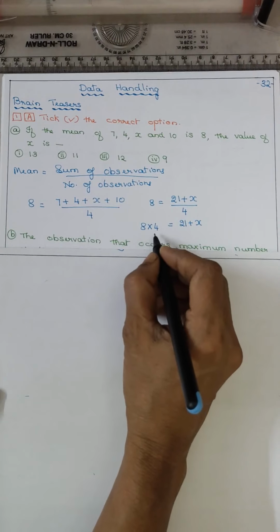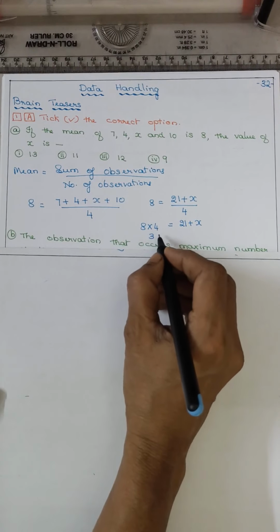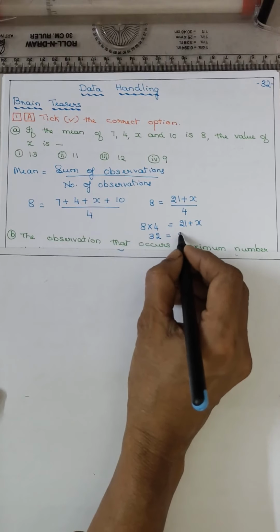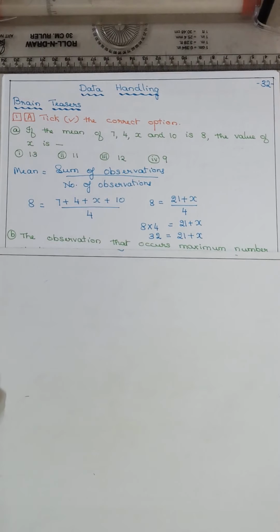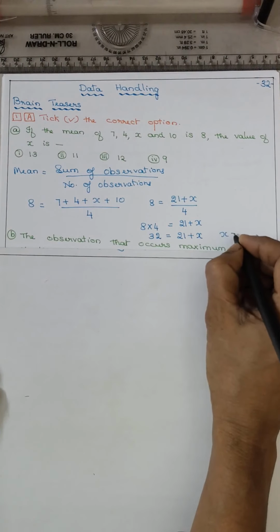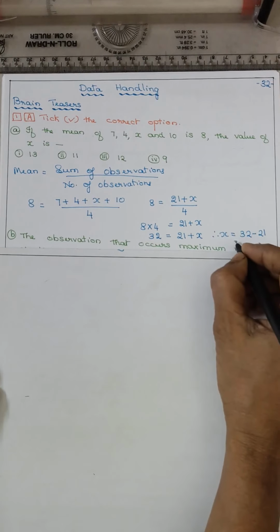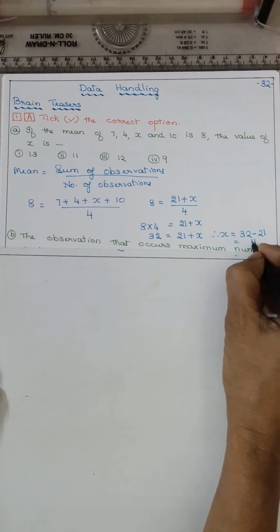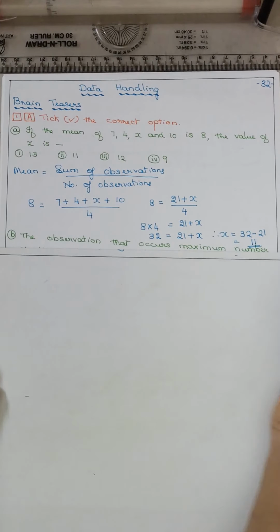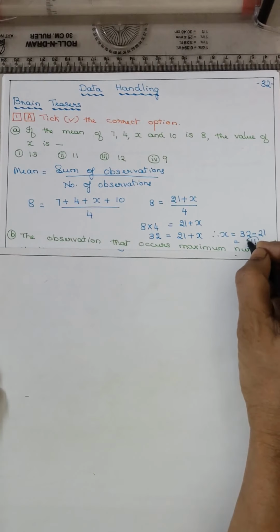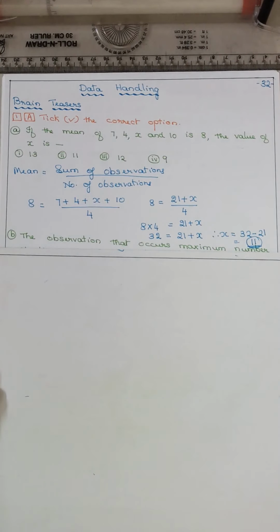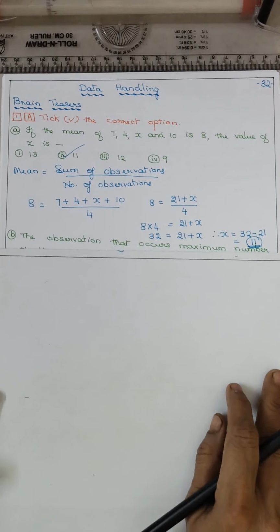So you get 8 fours are 32 is equal to 21 plus x. So x is equal to 32 minus 21. 2 minus 1, 1. 3 minus 2, 1. So the answer is 11. Which is the option? Second option. Understood? Hope you remember this from last year's linear equations, isn't it?